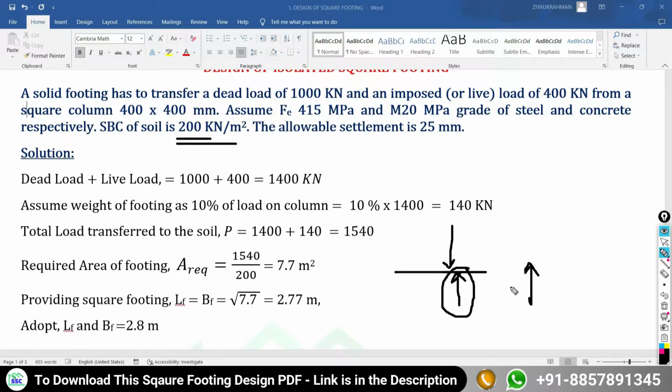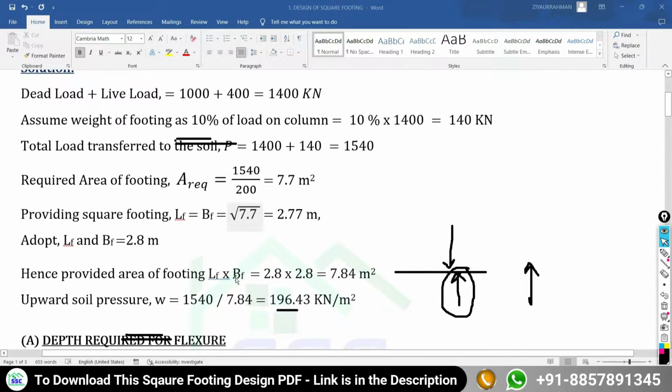To ensure that, you should take the length and width of the footing slightly more than the calculated recommendation. Here by calculation we get 2.77, so obviously you have to take a little bit more than this value. So here I am going to adopt the length and width of the footing as 2.8 meter.